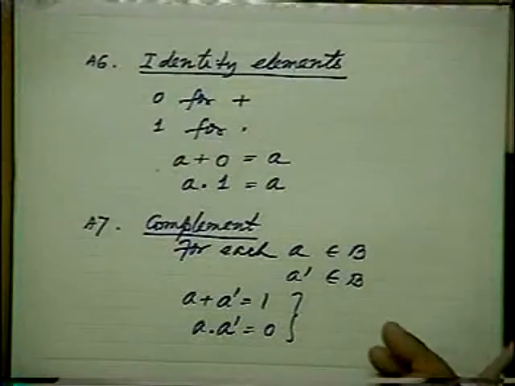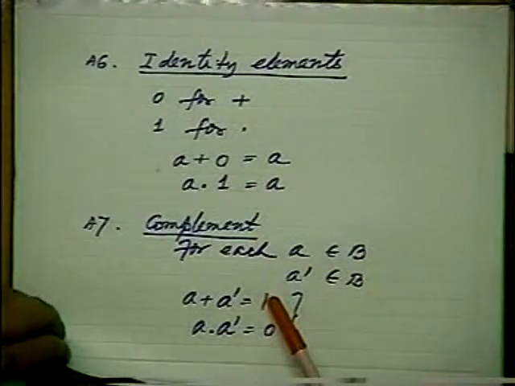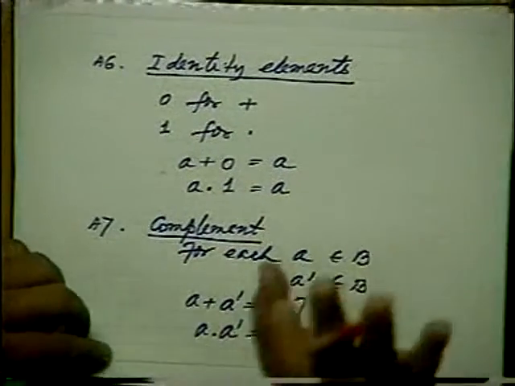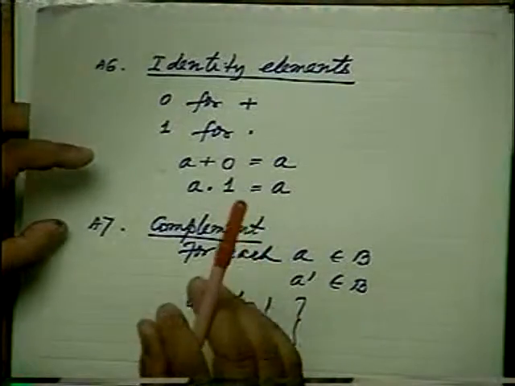Then there should be identity elements over here, and there should be complement over here. These are my basic axioms. On these axioms now, we will prove certain more theorems. Those will also be necessary. The theorems will act as rules so far as manipulating switching expressions, functions, etc. These are the theorems that I will now be describing.